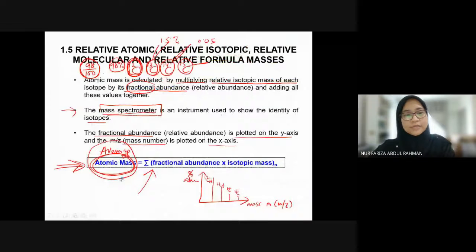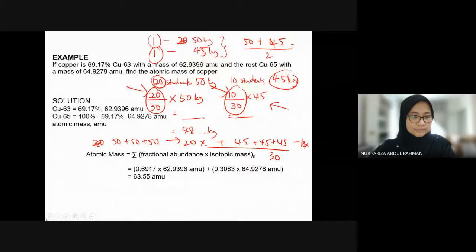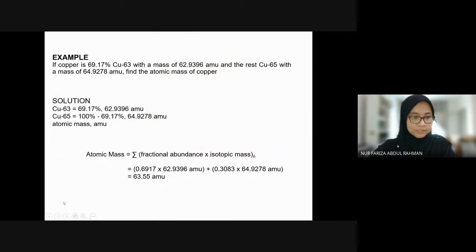Maybe we can erase first. Let's look at the example that we have here. For copper, copper has 2 isotopes. The first isotope is known as copper 63. This is the natural abundance of copper 63.